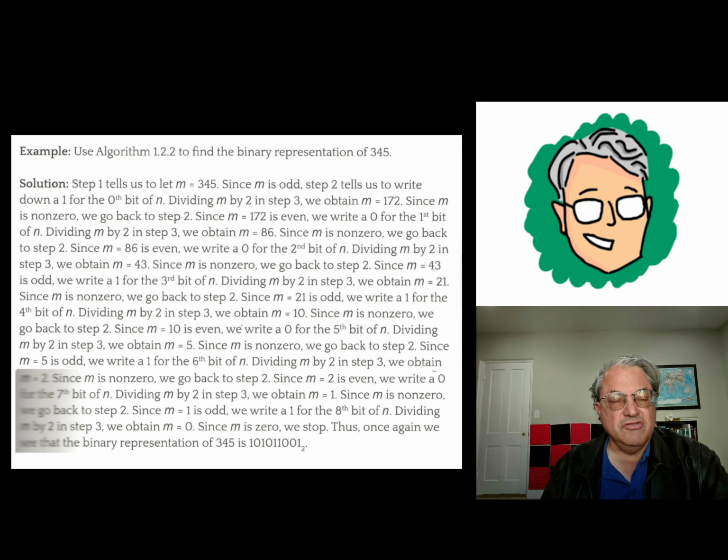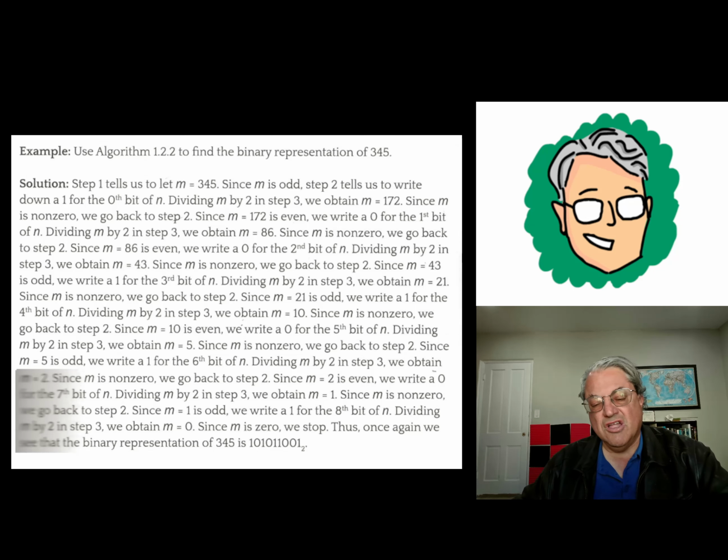Then you take 10 over 2, which is 5, and that's odd, so you write a 1. Then you take the floor of 5 over 2, which is 2, that's even, so you write a 0. Then you take 2 over 2, which is 1, and you write a 1 for the last one. And then you're done because the floor of 1 over 2 is 0. So that's how that works.